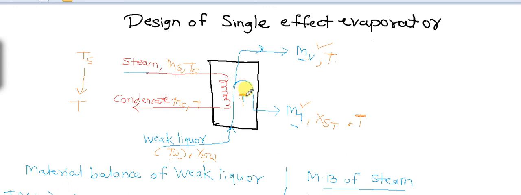Okay, so this is concerned to the design of single effect evaporator, and we have to use these equations in the calculation of steam requirement and area of heat exchanger. Okay, once you study this, then we'll solve some problems based upon this.